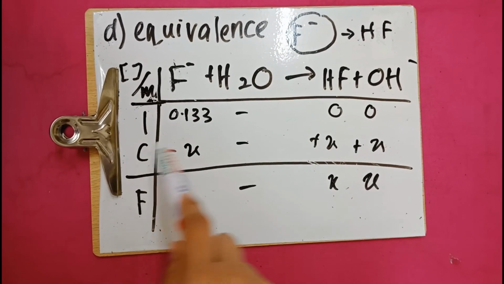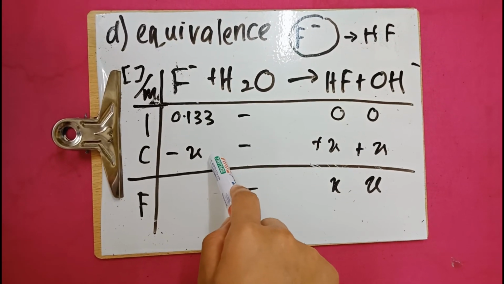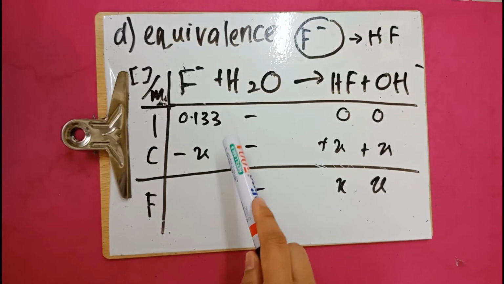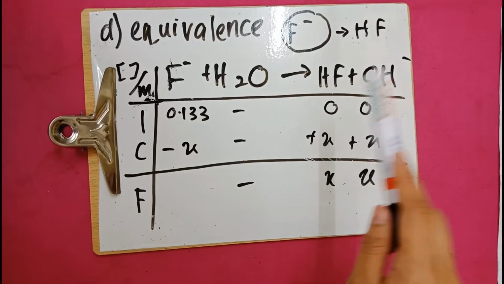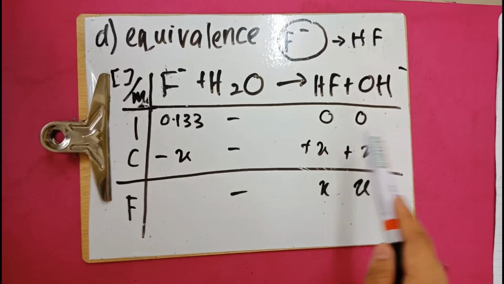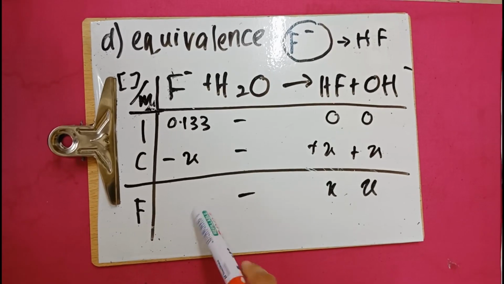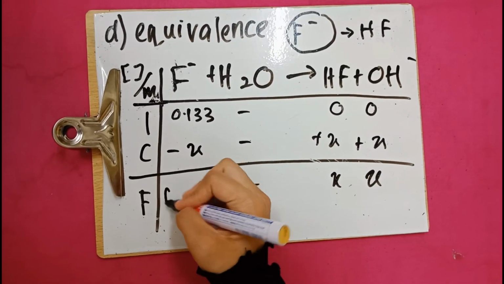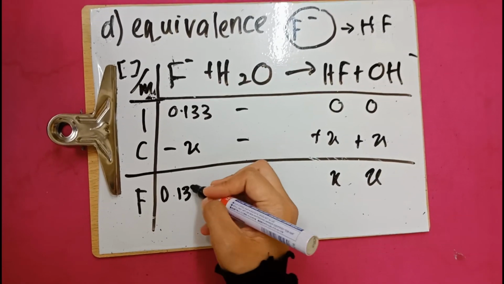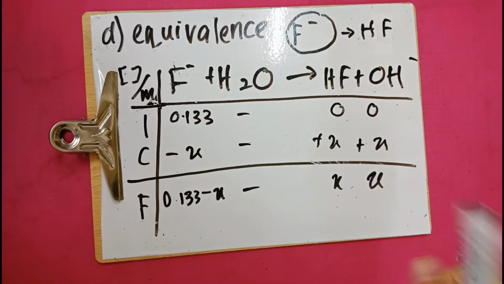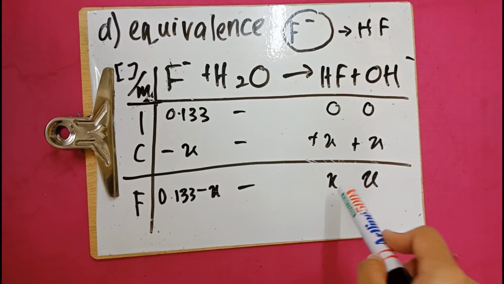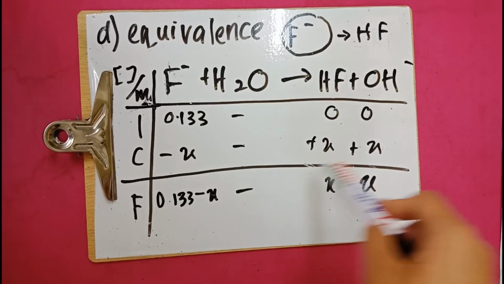At the change we put negative X at the reactant because we do not know how much is being used, and plus X at both HF and OH minus. Then at the final we get 0.133 minus X as the F negative concentration, and X at both HF and OH minus.